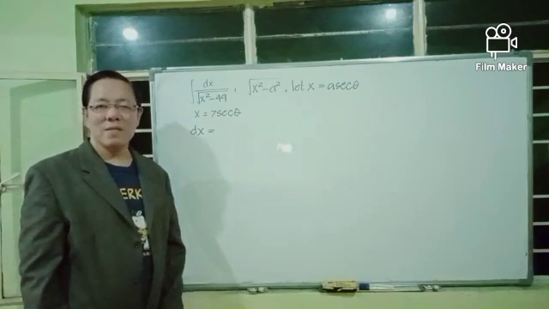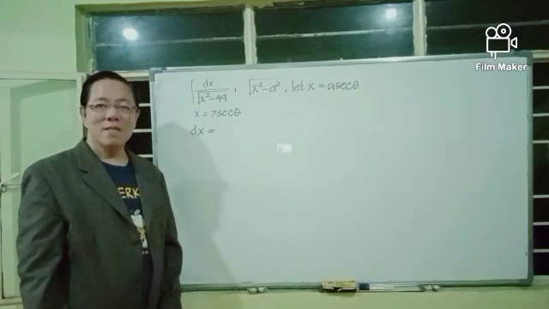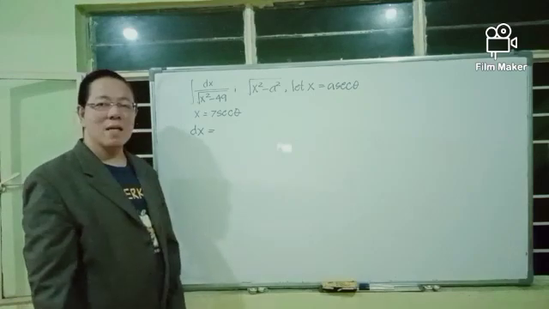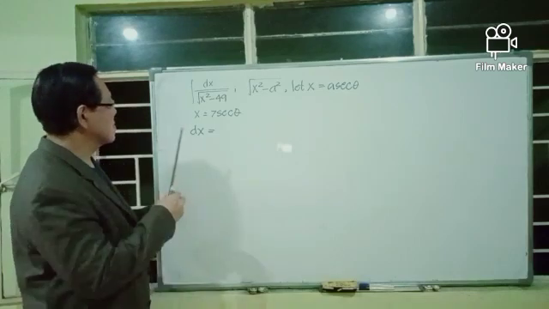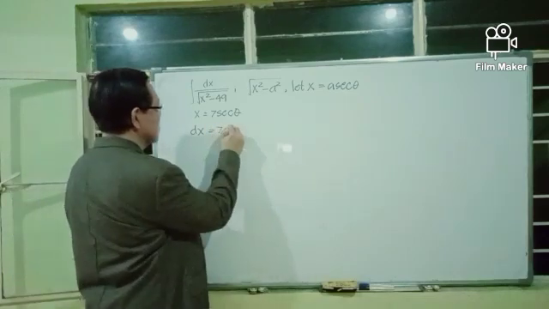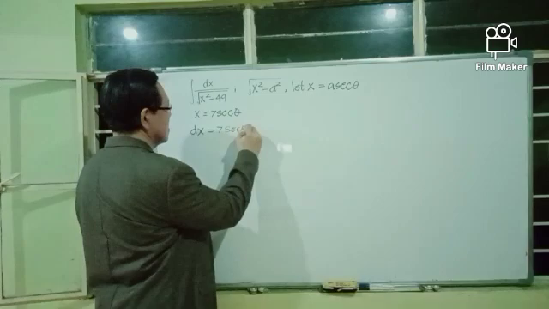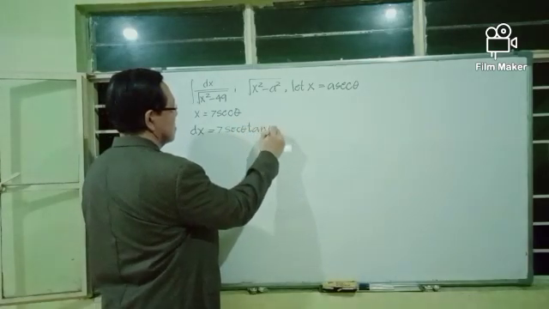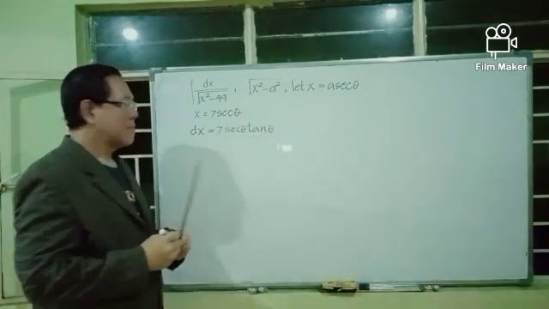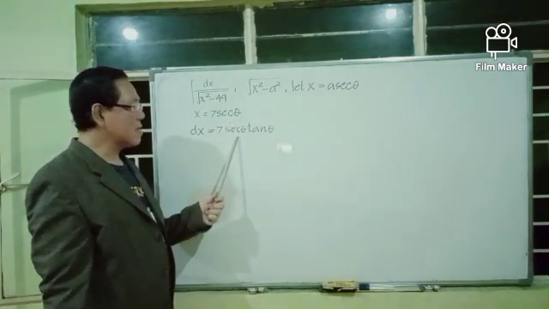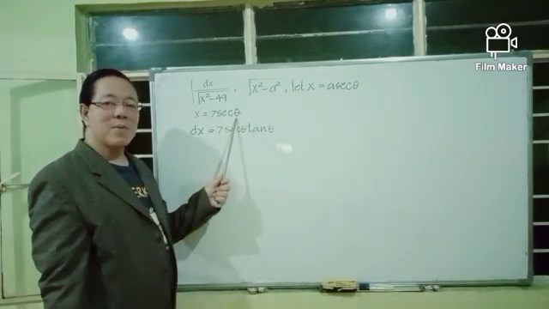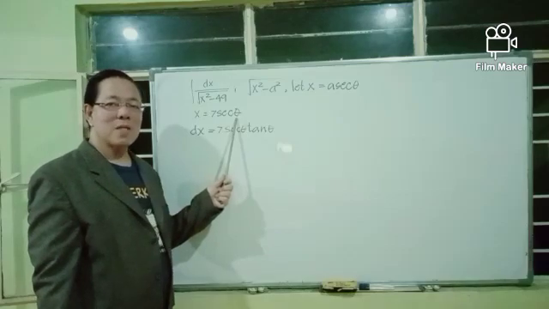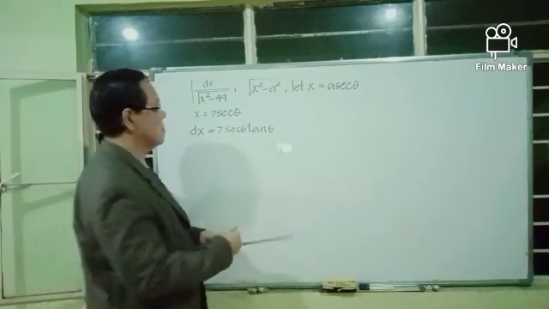And from your differential calculus class, the derivative of secant theta is equal to secant theta tangent theta. Derivative of secant theta is secant theta times tangent theta and multiplied by derivative of theta, 1 multiplied by d theta.